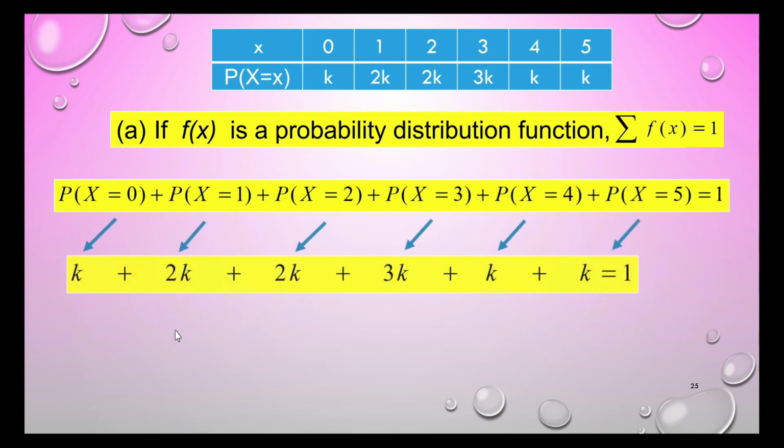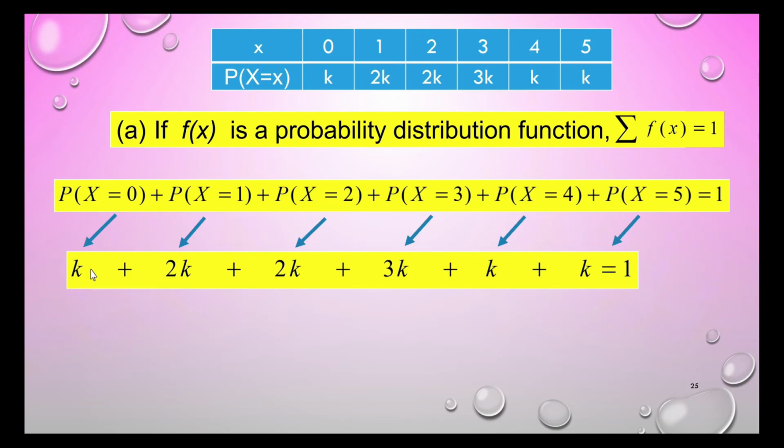And then we have k plus 2k plus 2k plus 3k plus k plus k equal 1, and we get 10k equal 1, and we simplify, we get the value of k is 1 over 10.